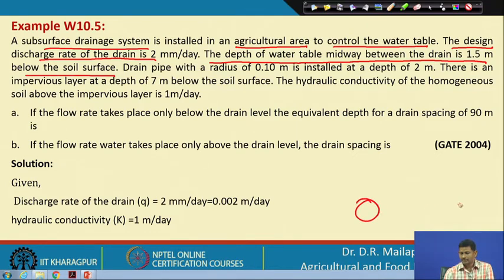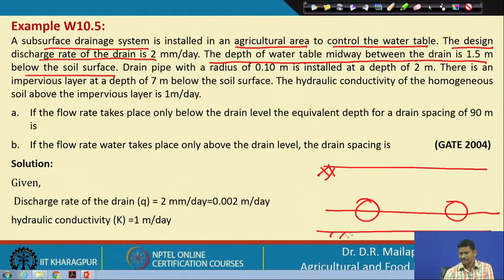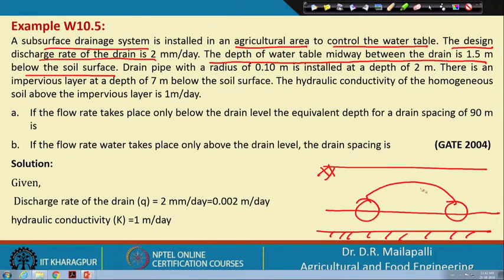This is the drain base depth, and this is the impervious layer. Midway between the drains, the depth of water table we are expecting is 1.5 meter, and q is equal to 2 mm per day.